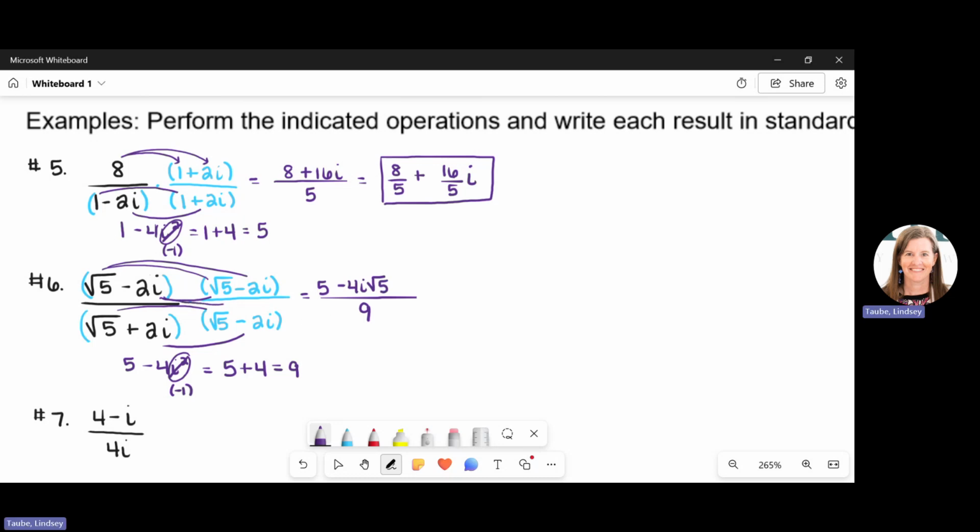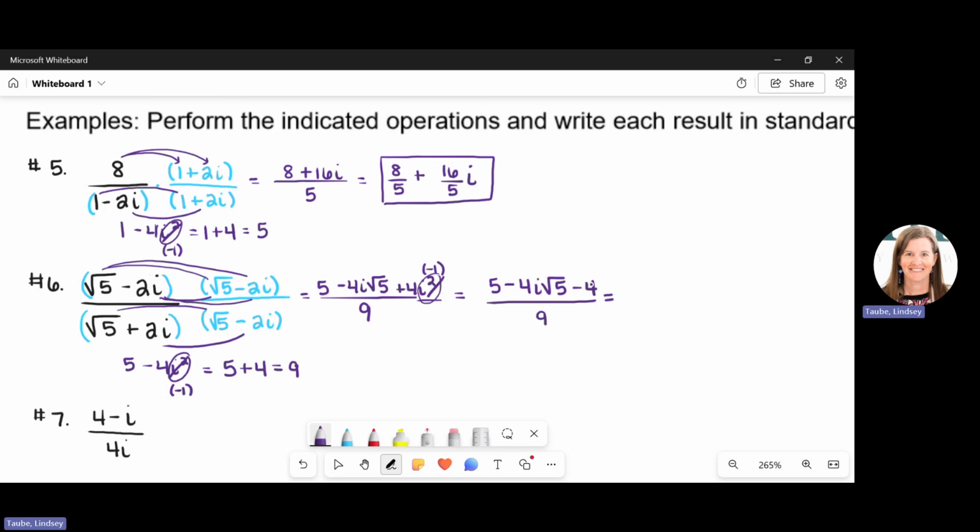And then negative 2i times negative 2i would be a positive 4i squared. So again, to simplify this, i squared is negative 1. So that means we really have 5 minus 4i radical 5 minus 4 all over 9.